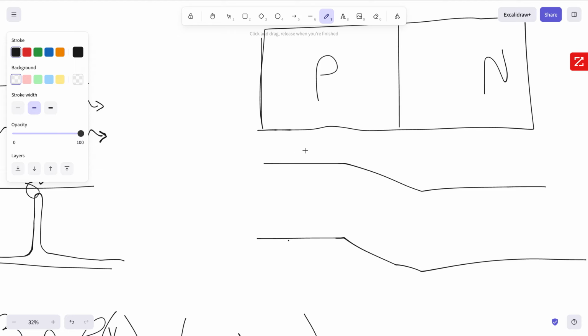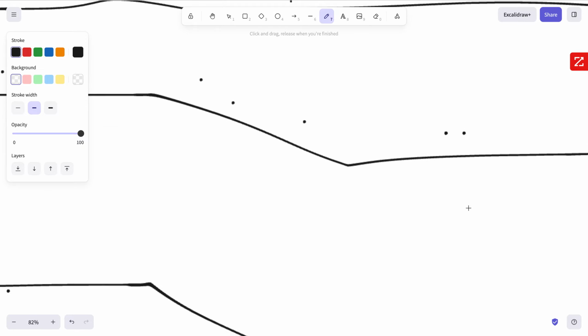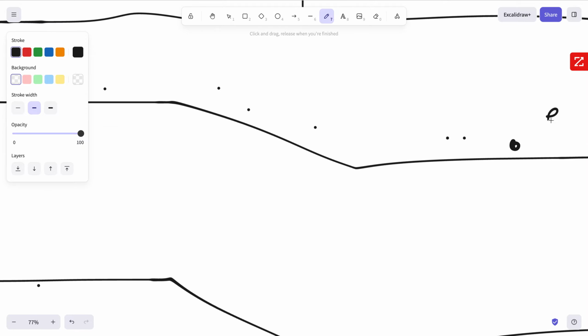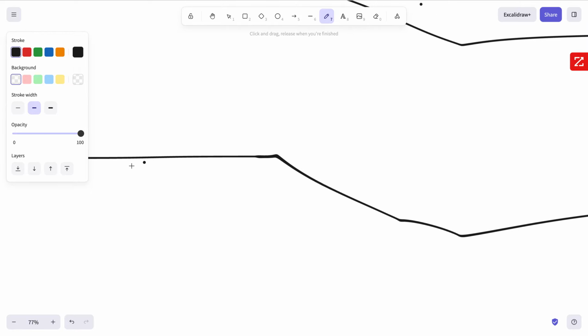So we can draw our band diagram. A couple electrons here, and probably a lot more electrons here, and then a couple of holes down here.